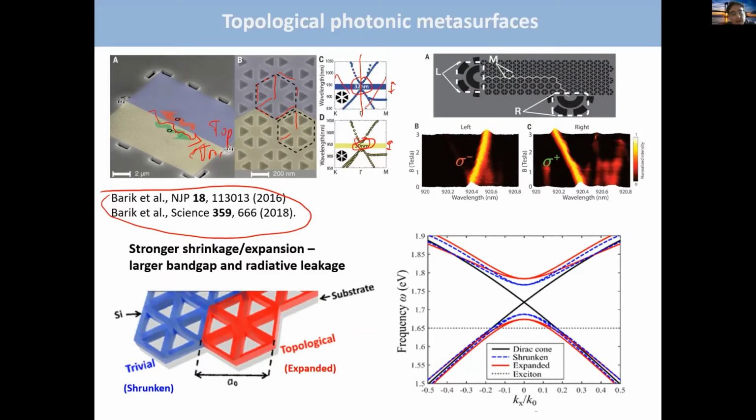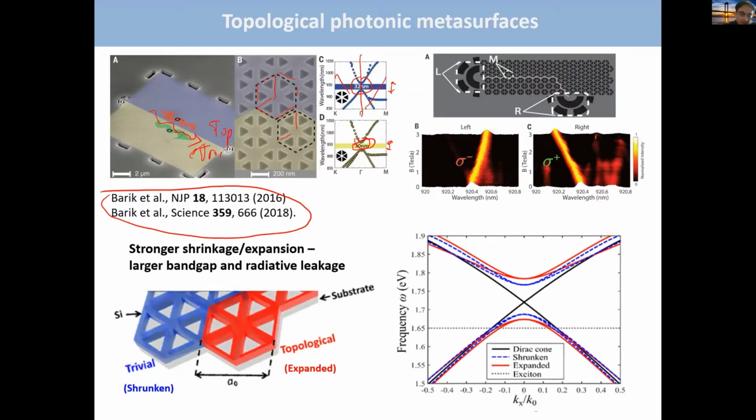But in the case of Barik, their goal was actually to avoid leakage and to ensure propagation of the mode for as long as possible. In our case, we actually want to use leakage to characterize the modes and to use Fourier plane, back focal plane imaging to visualize topological boundary states.